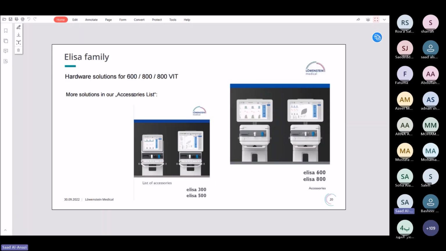So as you see here on the right side, the ELISA 600 and 800 have the bigger screen, with an 18.5 inch touch screen. And in the basic range, the mid-range, you can see the 300 and 500. It's only a smaller screen, a 15 and 12 inch touch screen.